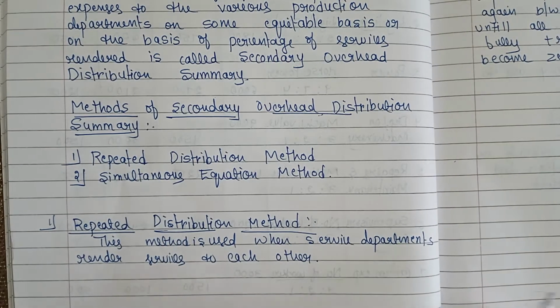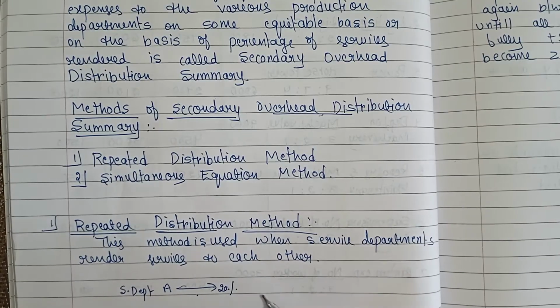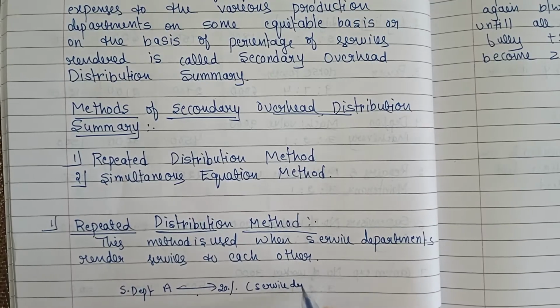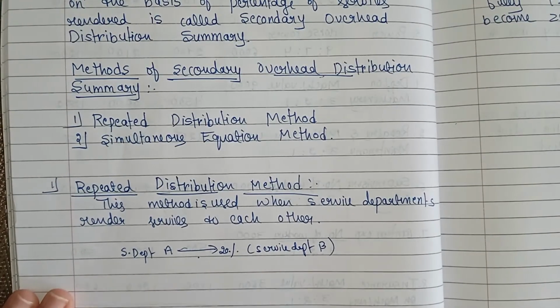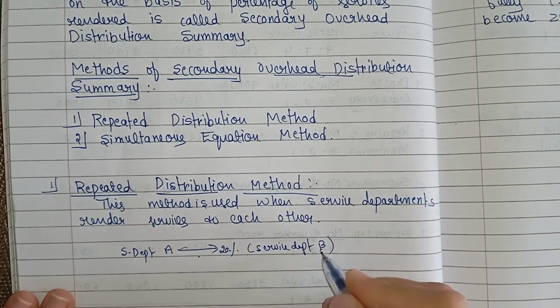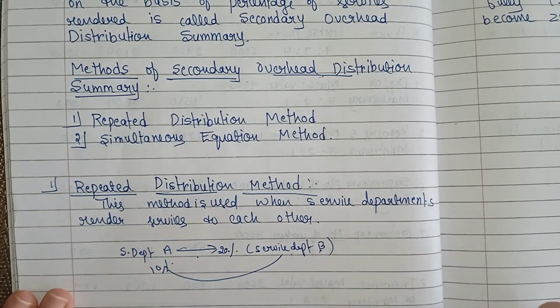Suppose, for example, service department A provides 20% of its service to service department B, and service department B provides 10% of its service back to service department A. Service departments render services to each other.